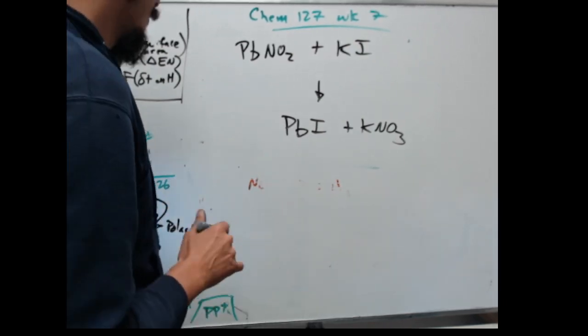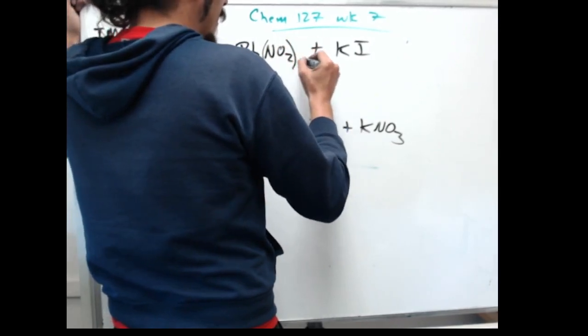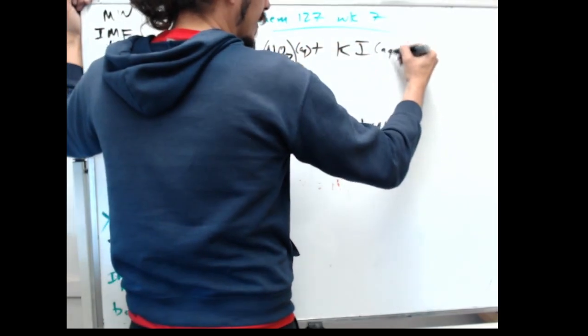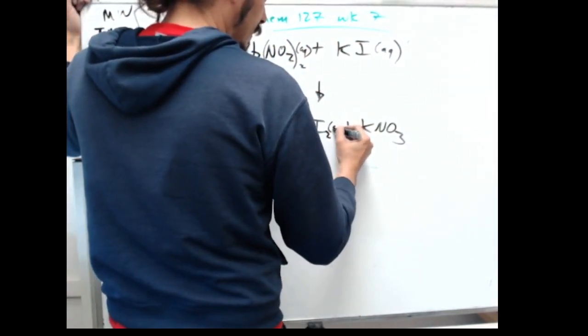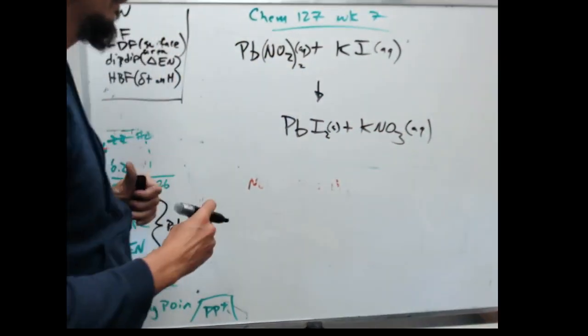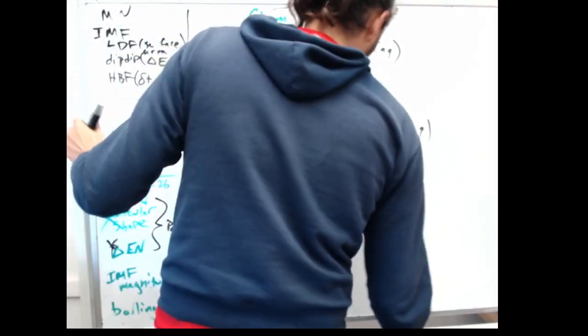Okay, so a couple things we have to be careful about. First, I've got to get my states of matter on there correctly. Okay, so it's going to look something like this. Now, we have to be careful.